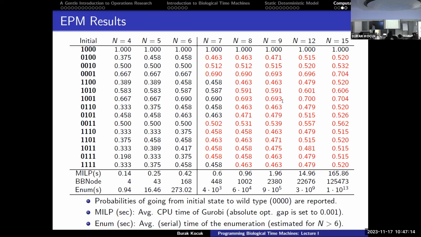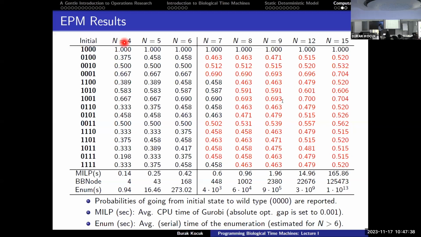Let's try to understand. First of all, the very first column is the initial genotype that you start from, and we always want to go to 0, 0, 0. The numbers reported here are the probabilities of reaching it.